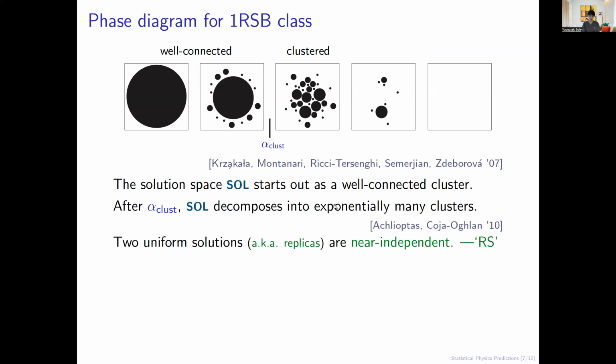In this clustered regime, if you sample two uniform solutions given the instance, they will typically be very far apart. They'll behave as almost independent. And this is what physicists call the replica symmetric regime. In particular, if you look at the normalized Hamming distance between these two solutions, it is conjectured that it will concentrate on 1/2.